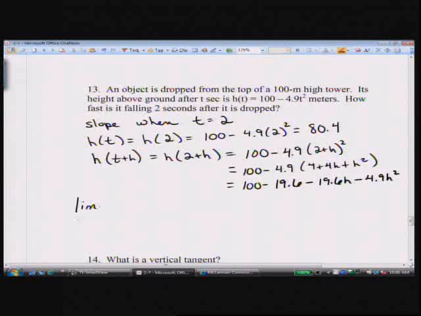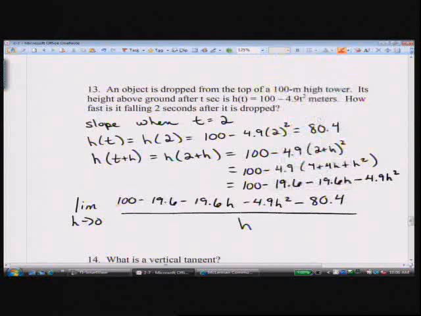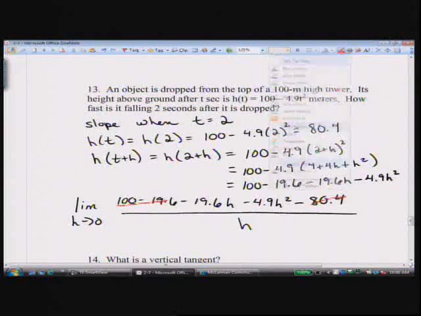Okay, so this is the limit as h goes to 0 of h of t plus h, or h of 2 plus h, which is going to be 100 minus 19.6 minus 19.6 h minus 4.9 h squared minus 80.4, all divided by h. So we're hoping that 100 minus 19.6 is 80.4, which I think it is, right? Y'all with me? Yeah. So this cancels with that, and all that you have left has an h in the numerator.